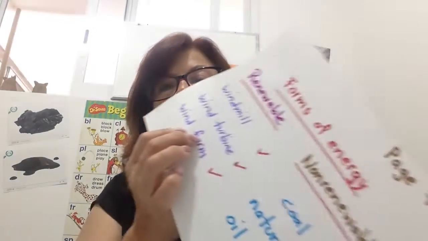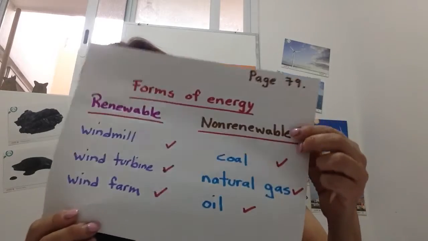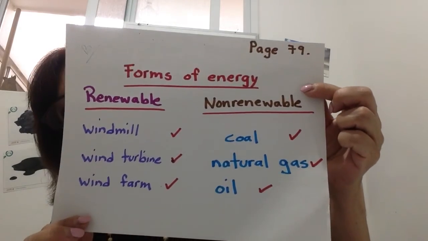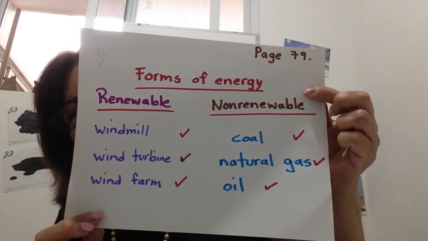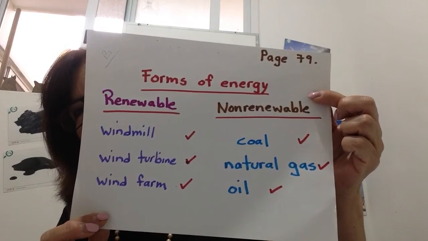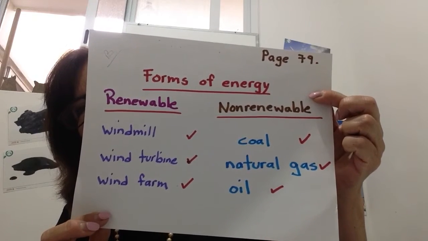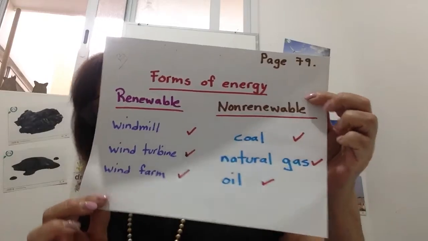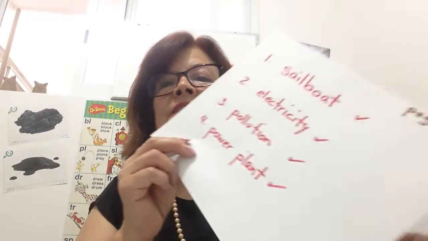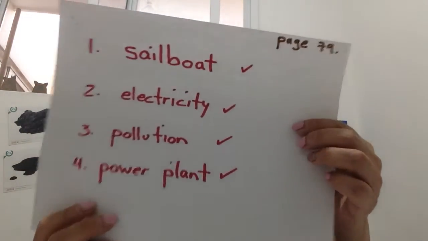Now, letter B, forms of energy. Here is the list. Check carefully. Very well. And the last part of that page is letter C. These are the answers.